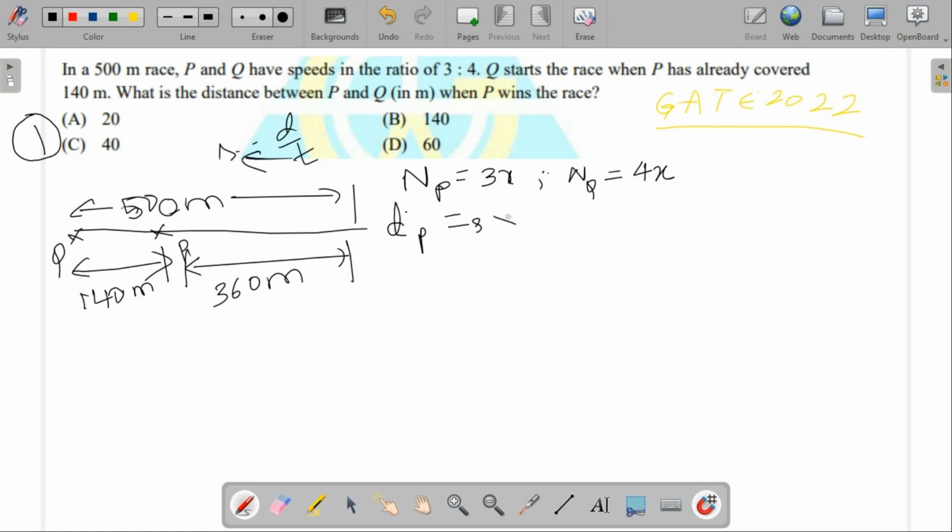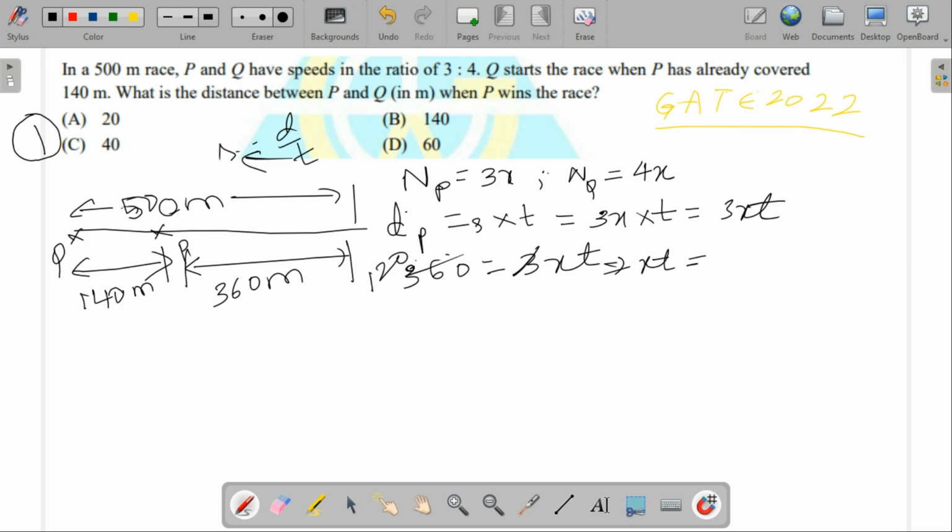So speed for P is 3x, and time let it be t. So we'll have 3xt. Now we already know the distance covered by P is 360 meters. So 360 is equal to 3xt. We can cancel out 3. 3 ones are 3, 3 twos are 6, 0. So we'll get xt is equal to 120 meters.